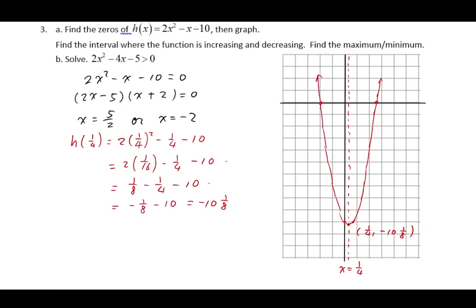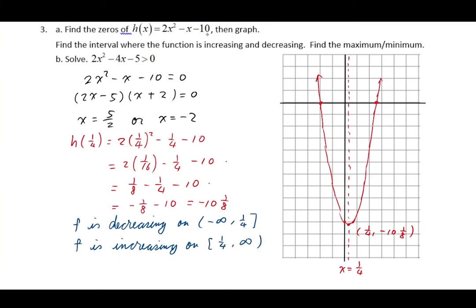So we can say f is decreasing on the left half, on negative infinity to 1/4, and f is increasing from 1/4 to infinity.